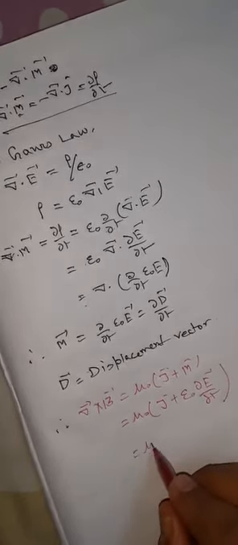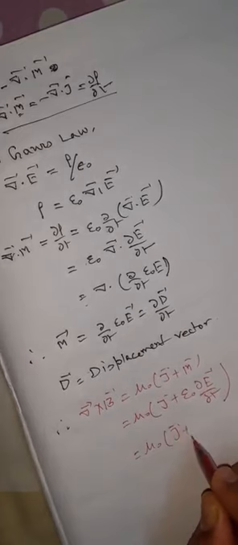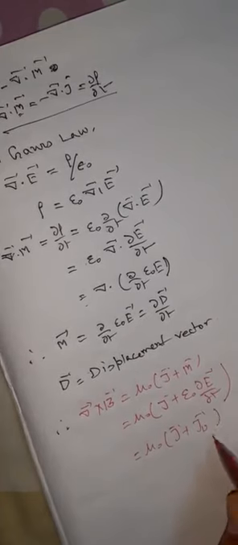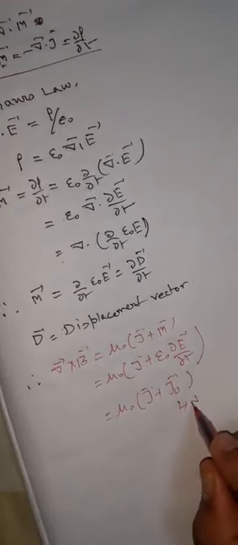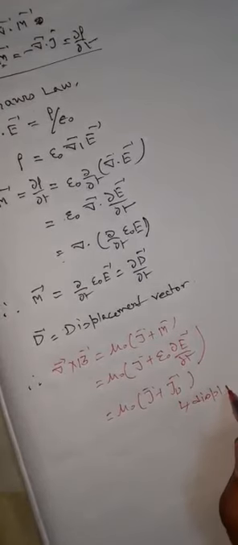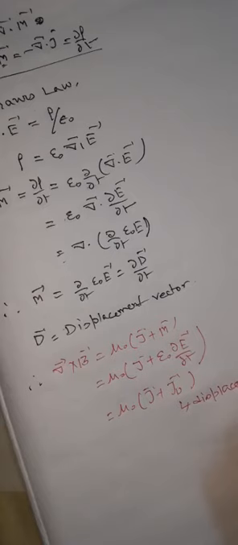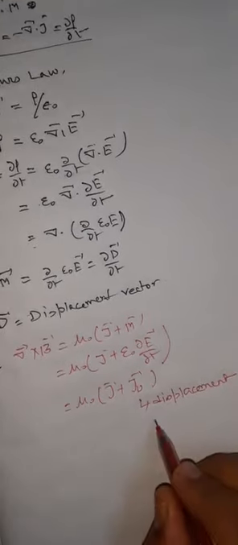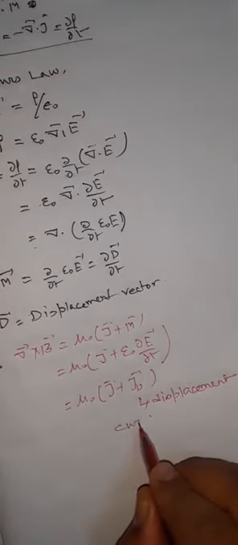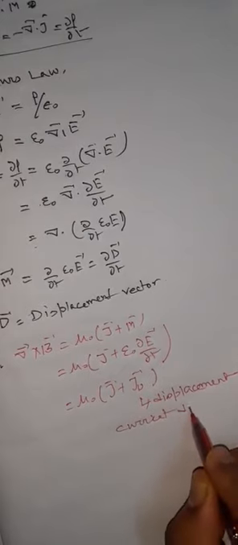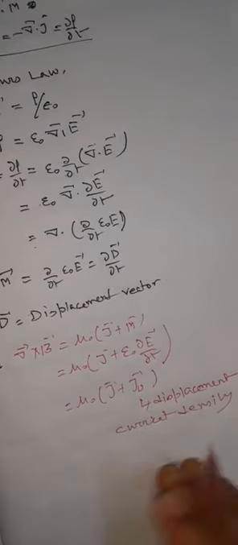So we can write it as mu 0 J plus J_D, where this is called displacement current density. Okay, so this is the fourth equation, and the modification is very important.